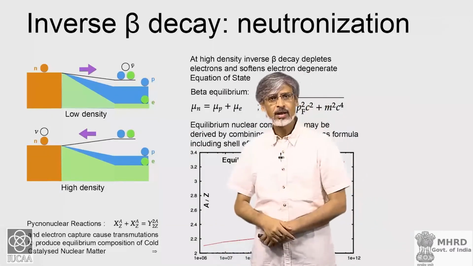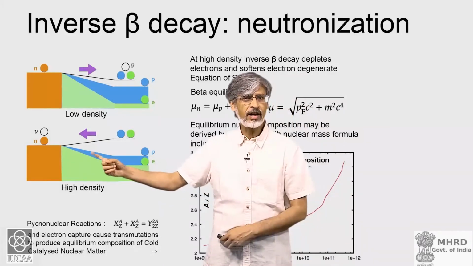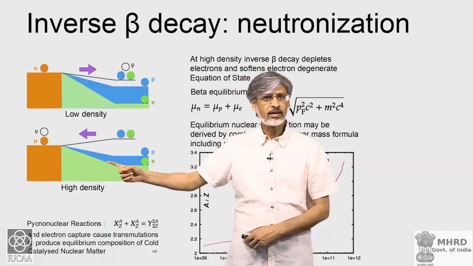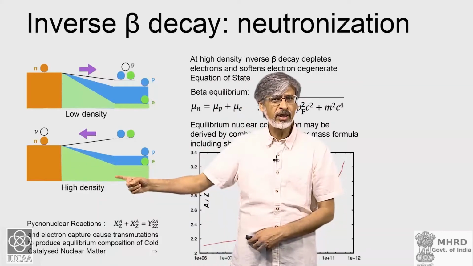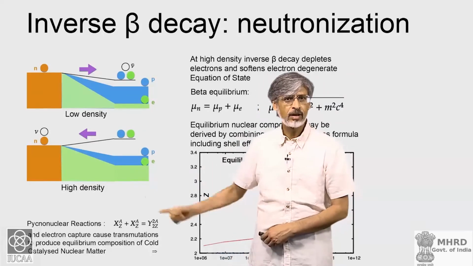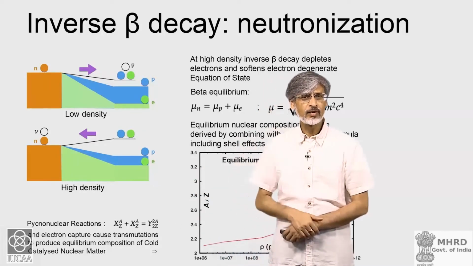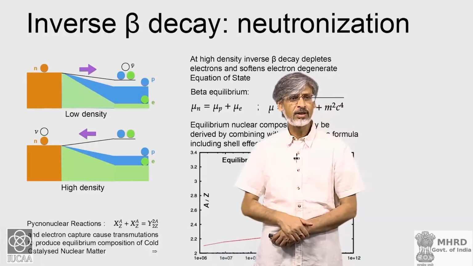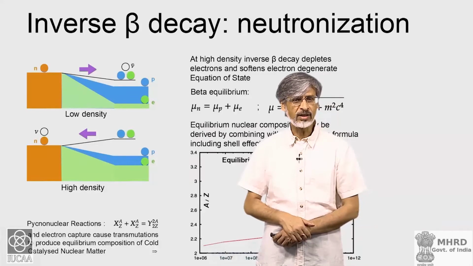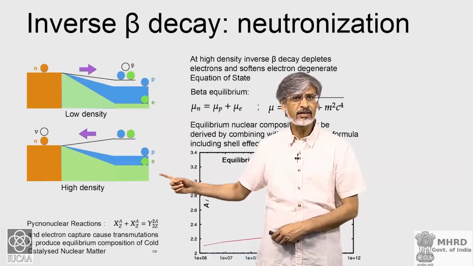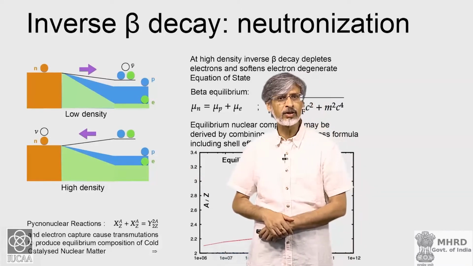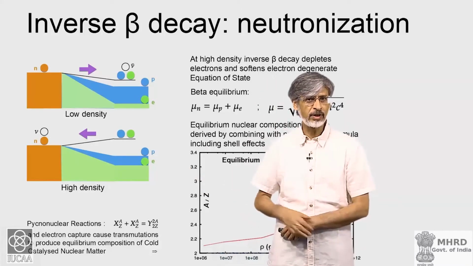However, as we go to higher and higher densities, we find that the electron Fermi energy will begin to rise. We saw that the Fermi momentum of the electron increases as number density to the power of 1/3. So, as you go to higher densities, the electron Fermi momentum will increase and correspondingly the electron Fermi energy will increase.